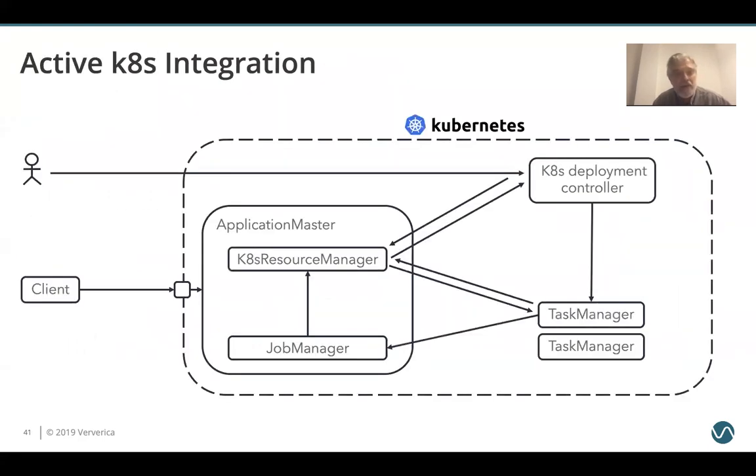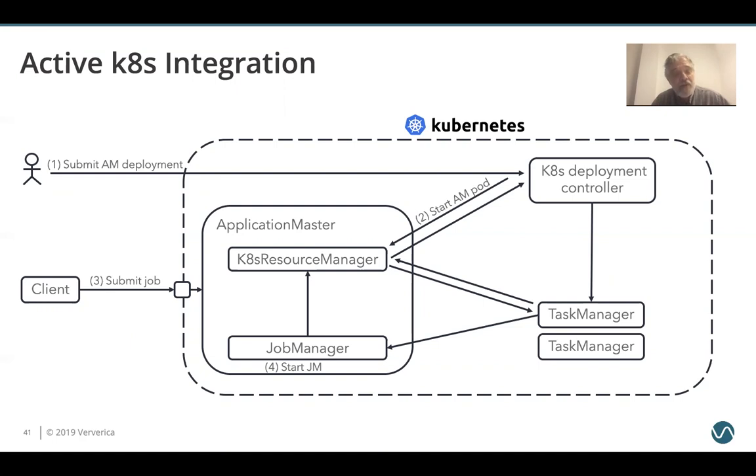So here you can see this active mode. What would happen here is that you would begin by submitting a manifest describing the active mode deployment you want to have, and the already existing Kubernetes deployment controller would see that and start up this application master in this mode, start up this pod. That pod would then expose a service to which you could submit your job.